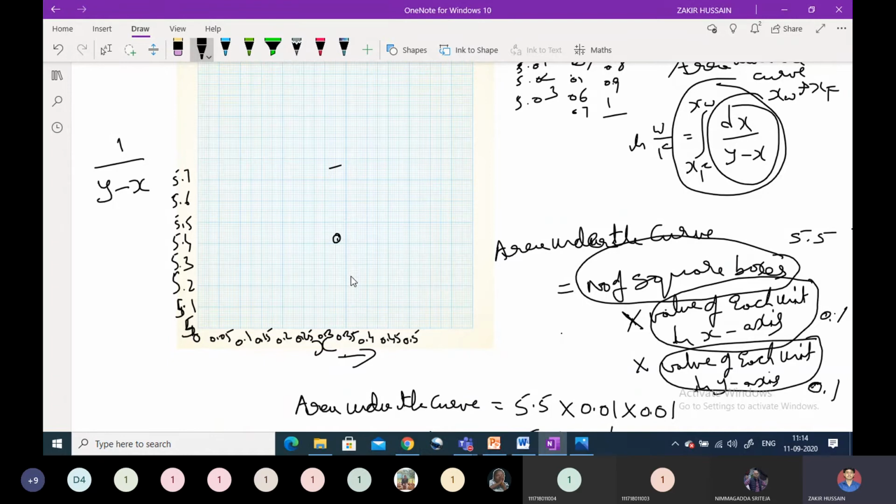5.291. Then 0.39, 0.39, 0.260, point 4, 260.